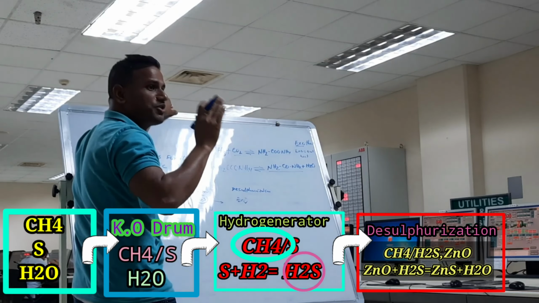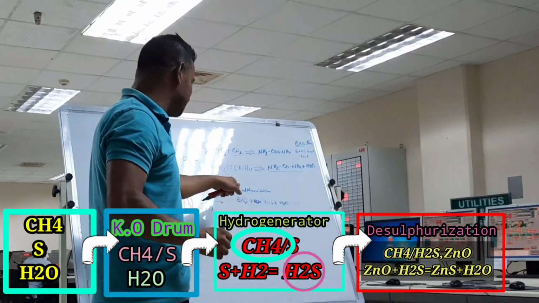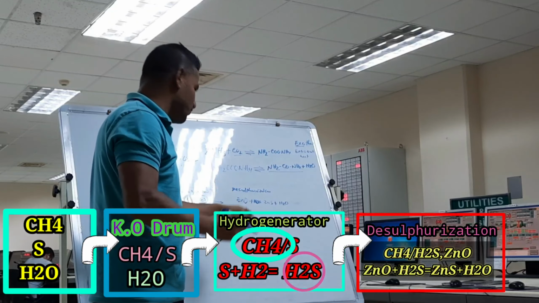So this zinc oxide reacts with hydrogen sulfide, because sulfur directly is not possible to react. So this zinc oxide reacts with hydrogen sulfide and they create zinc sulfide plus water. Okay? The main function of the desulfurization system is removing sulfur. We remove this sulfur by an absorption system, because on this side we use zinc oxide catalyst.